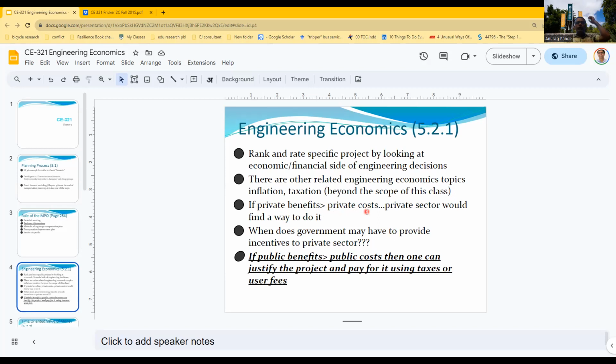So that's why you don't see government opening grocery stores, for example, right? In most places, grocery stores can make a profit. You don't see government looking at opening and operating a grocery store or restaurants, for example, right? Because private benefits can be higher than the private costs. So somebody from the private sector can come in and make the money.